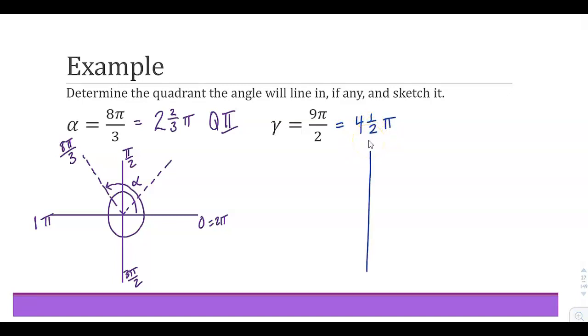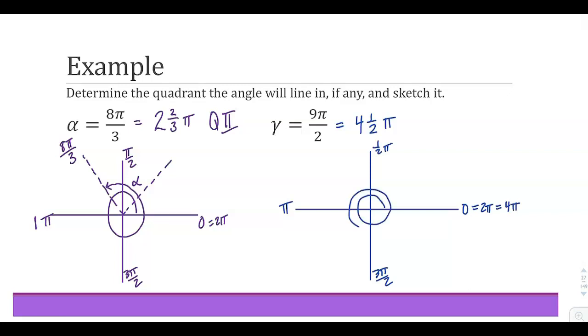So here, if I go ahead and construct my angle, so I have 0, a half a pi, pi, 3 pi over 2, and then let's recognize this is the same as 2 pi, it's also the same as 4 pi. So to sketch my angle, I'm going around 2 pi, then another 2 pi, so that was 4 pi, and then I'm going a half a pi.